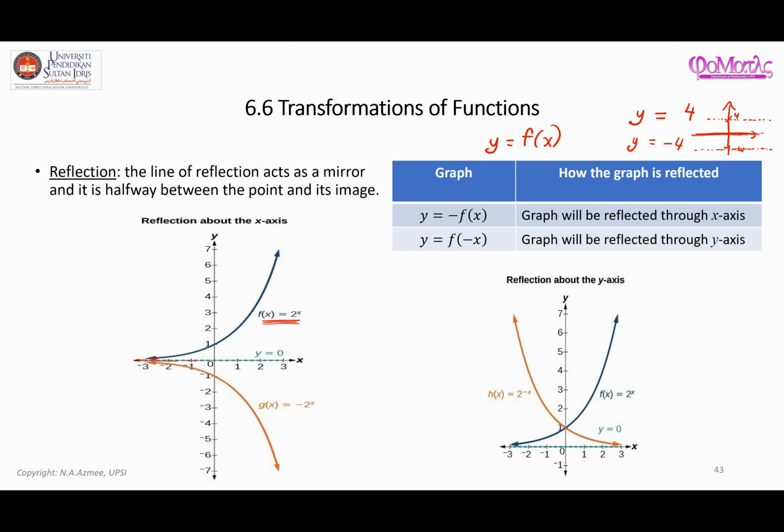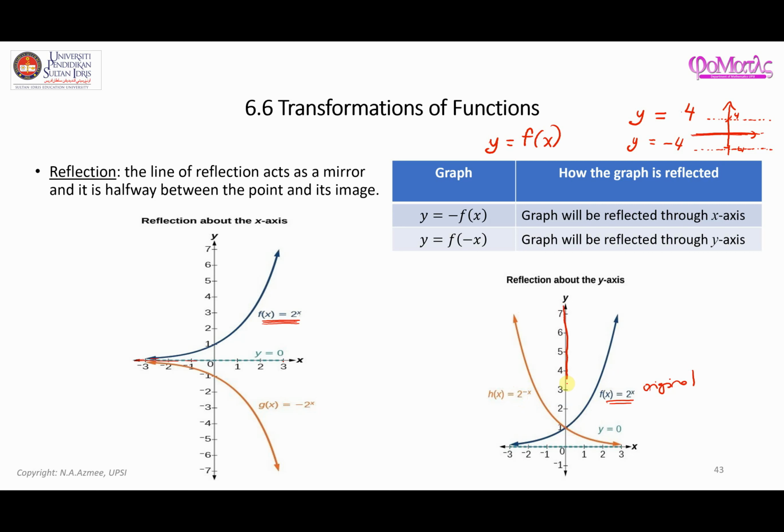Now if the negative is inside the function itself, next to x, then the graph will be reflected through the y-axis. For example, this is the original function, and because you have negative next to x, inside the function, the graph here will be reflected along the y-axis.